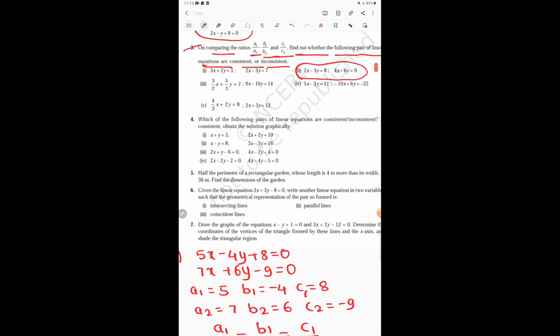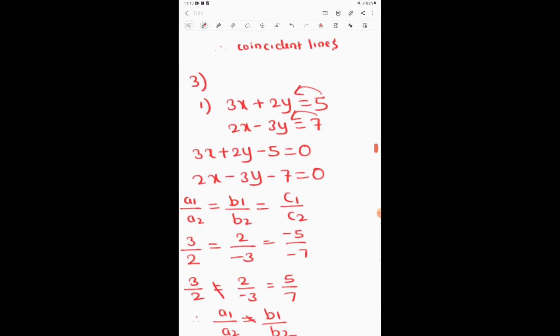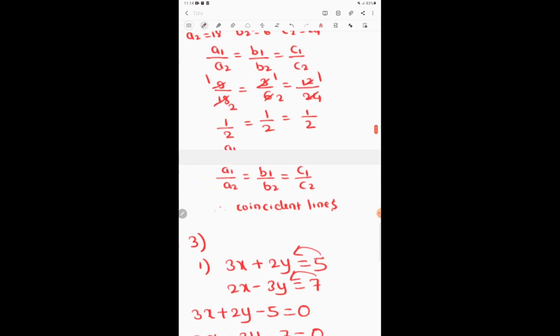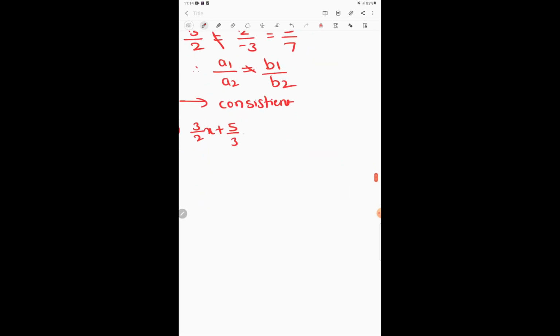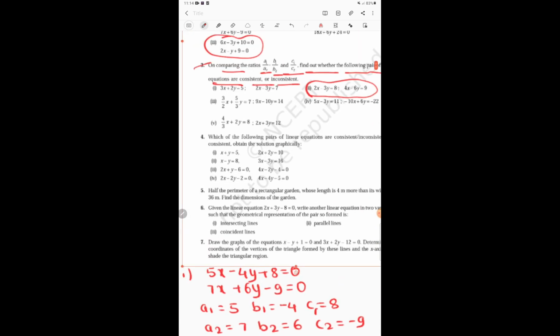3 by 2 x plus 5 by 3 y is equal to 7. Next question, 9x minus 10y is equal to 14.